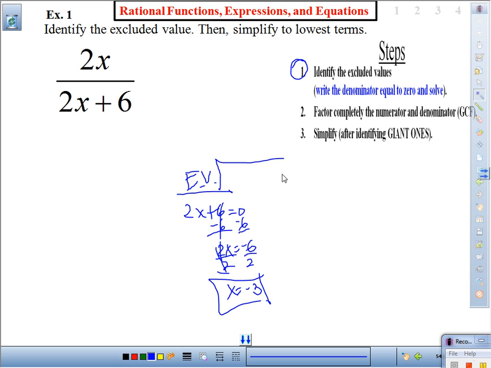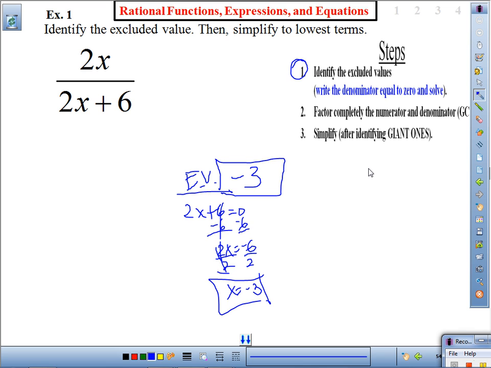Therefore, my excluded value is -3. Copy that. All right, any questions up to right there? So, if I was to ask you, finding the excluded values, do you know what to do? Set the denominator equal to 0, solve, and that's going to be our excluded value.